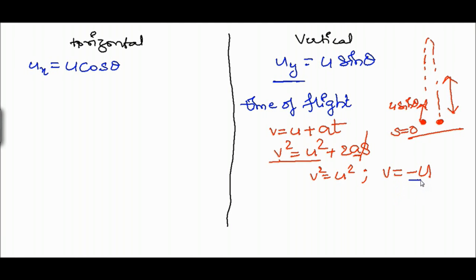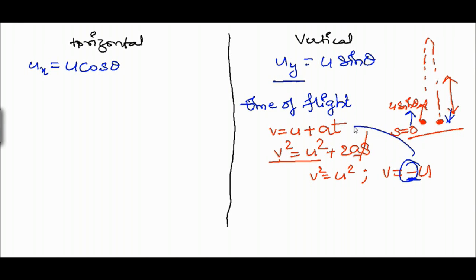Here we are considering this minus sign because the initial velocity towards the top and the velocity towards the bottom at the end are on opposite sides. So we have to consider the negative sign as it is a vector.